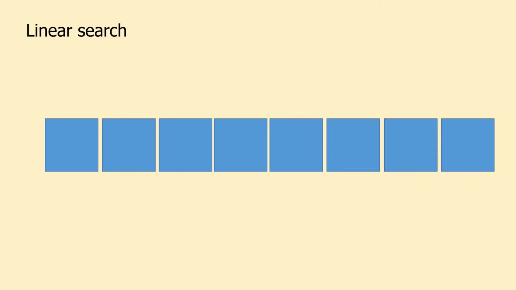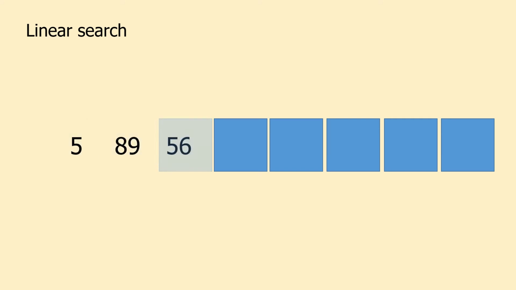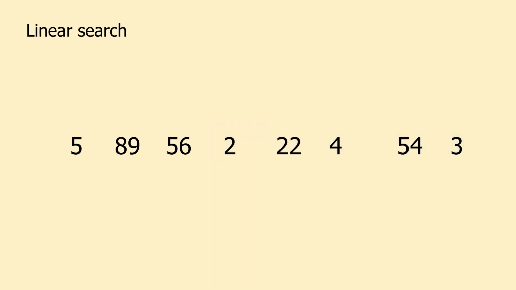So how many items of data will it have to look at? Well, best case scenario is that it only needs to look at one. So for example, if I'm looking for the number 3 and it's not there, it's not there, it's not there, it's not there, it's not there, it's the last item. So that's actually the worst case scenario.